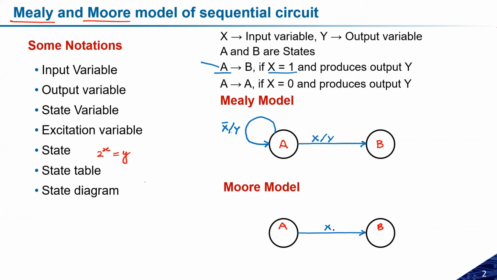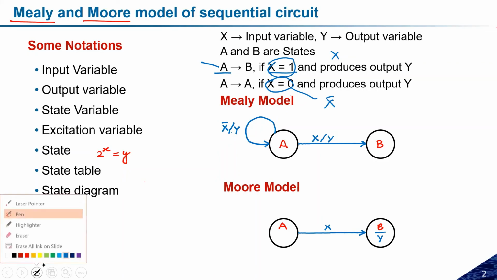So I will use the normal x, not the complemented one. x equal to 1 means I have to use normal x, and x equal to 0 means I have to use x complement. That is the meaning of this. So if x is equal to 1, it will change from A to B, and that will produce output y, so output y will be given over here. If initially the state is A, and the input is x, then it will switch to state B, and that will give you the output y.